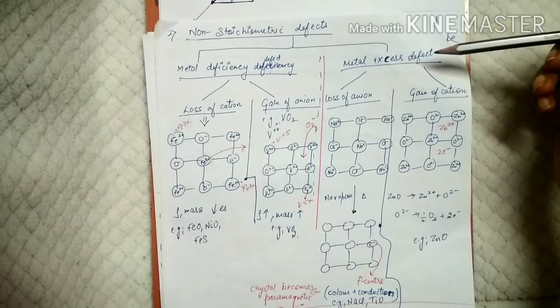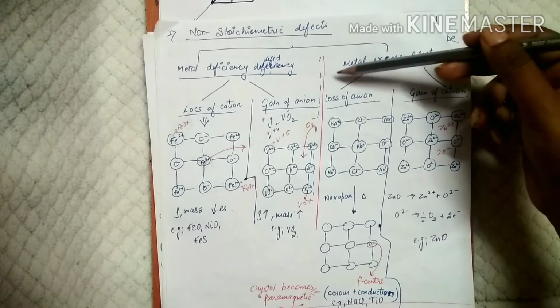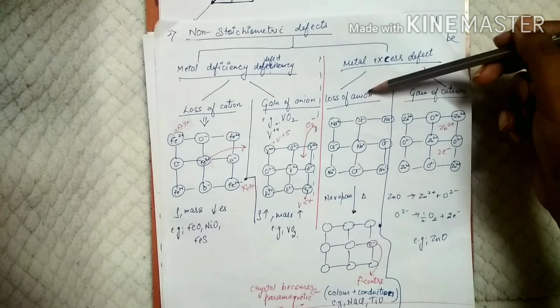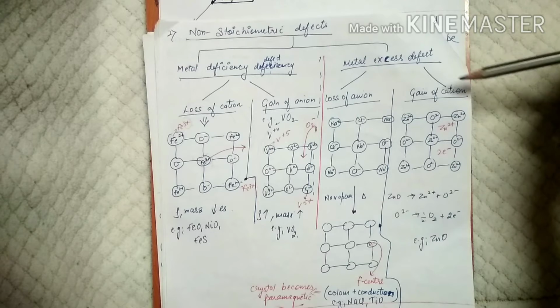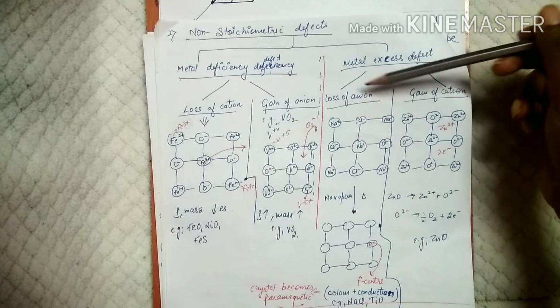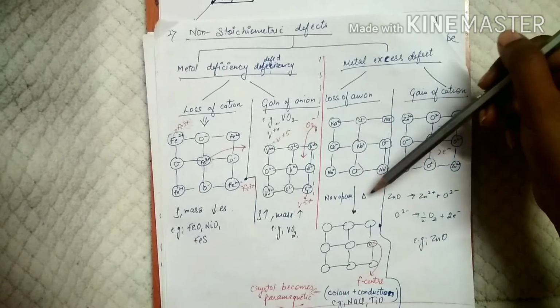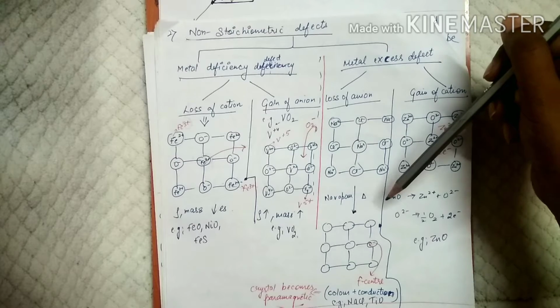Next is the case of metal excess defect. This is further of two types. One is in which there is loss of anion, and the other is in which there is gain of cation. Suppose this is the case of loss of anion. Suppose this is your NaCl structure. If we treat it in sodium vapor, what happens?